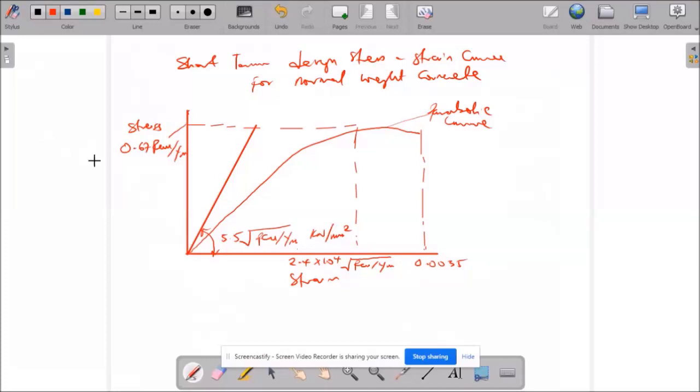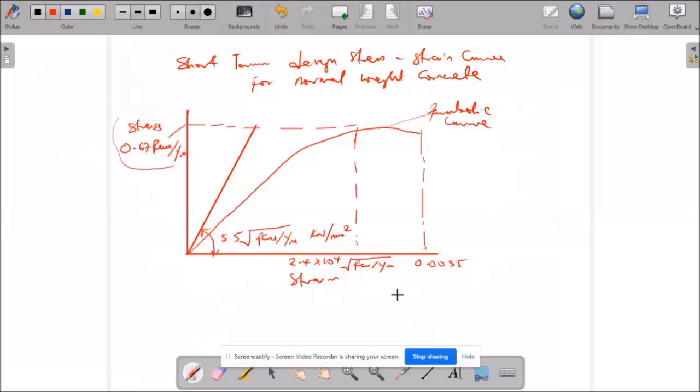For design purposes, we consider the ultimate strength for concrete design, this very one here. So these are the three major components of this short-term design stress strain curve for normal weight concrete.